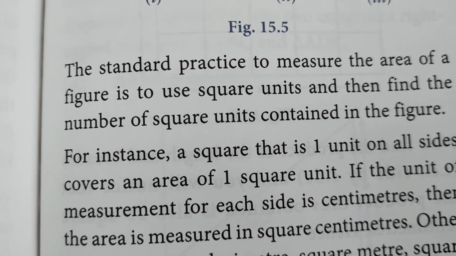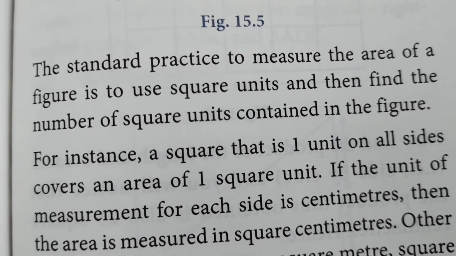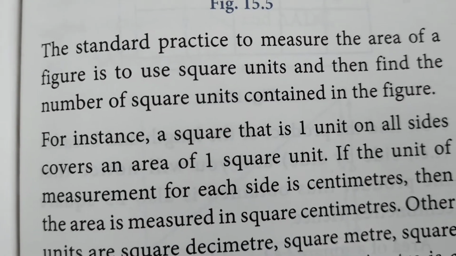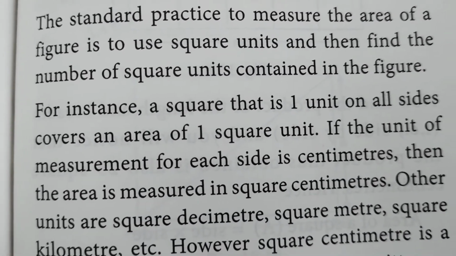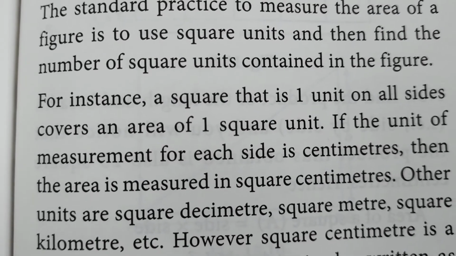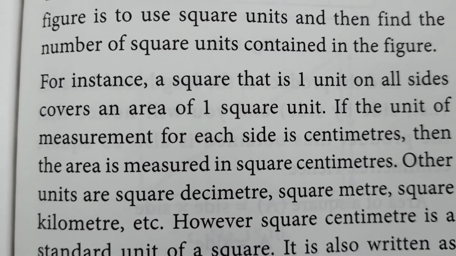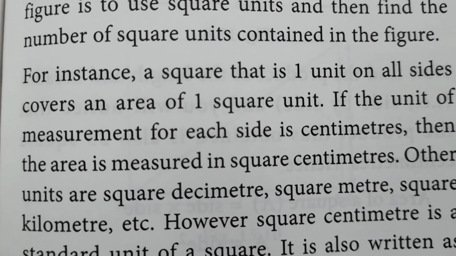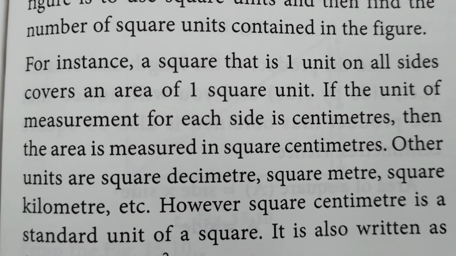The standard practice to measure the area of a figure is to use square units and then find the number of square units contained in the figure. For instance, a square that is 1 unit on all sides covers an area of 1 square unit. So if the unit of measure for each side is in centimeters, the area is measured in square centimeters.